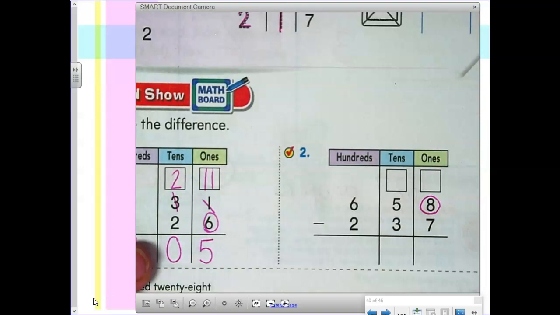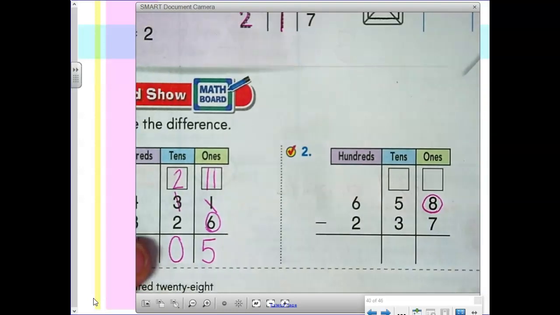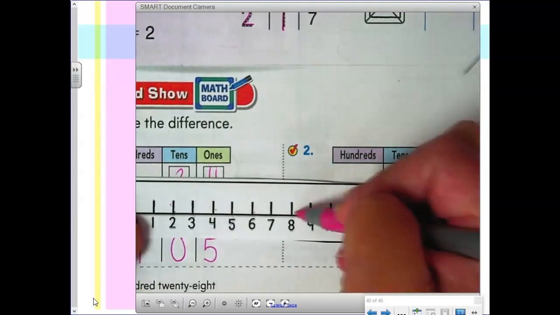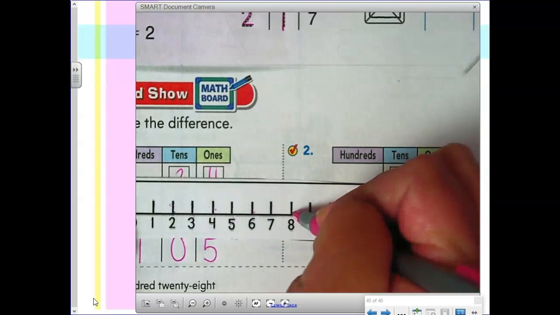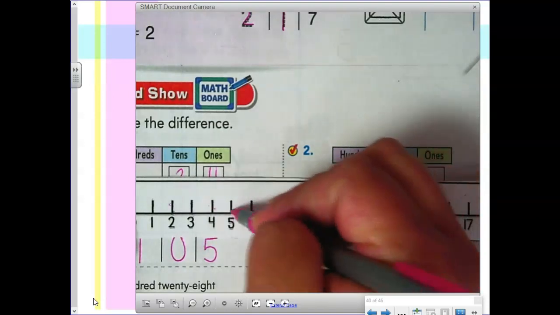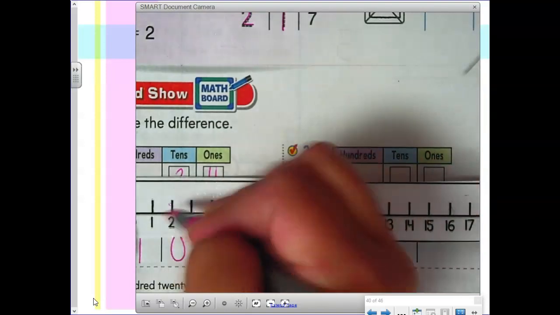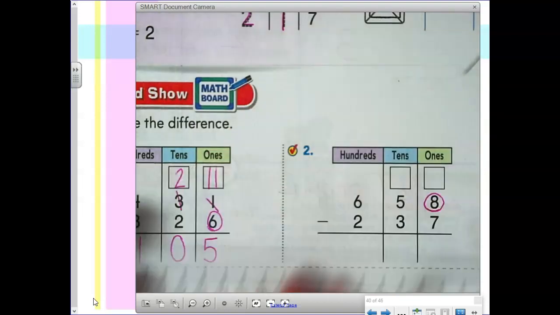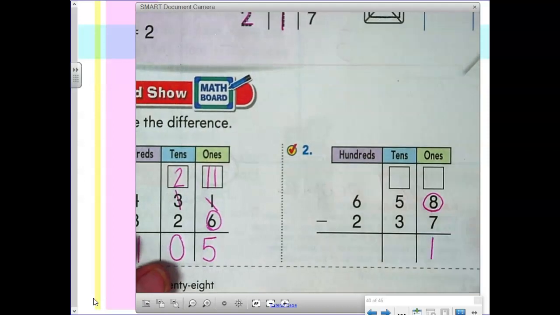If your big number's on top, no need to stop. If we have 8, we can take 7 away. So 8 minus 7. 1, 2, 3, 4, 5, 6, 7. My answer is 1. I didn't have to regroup that time.